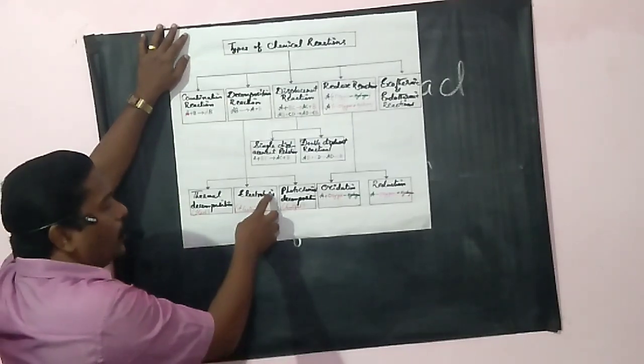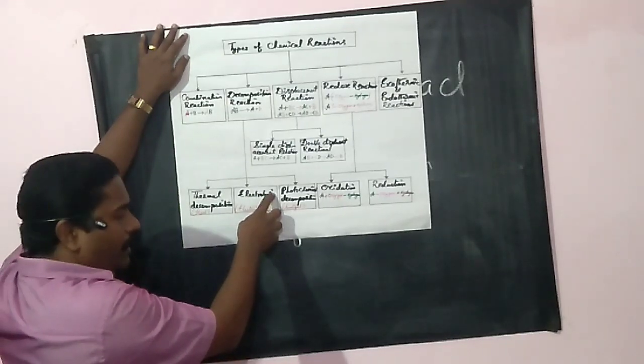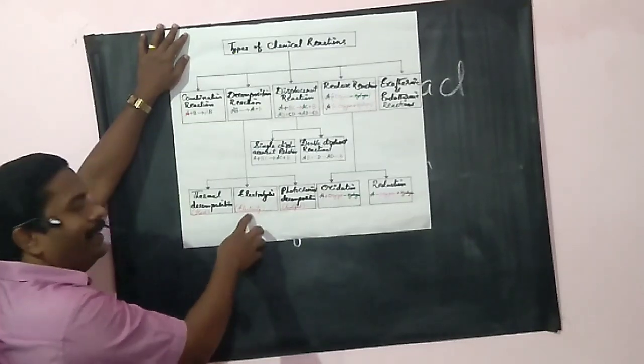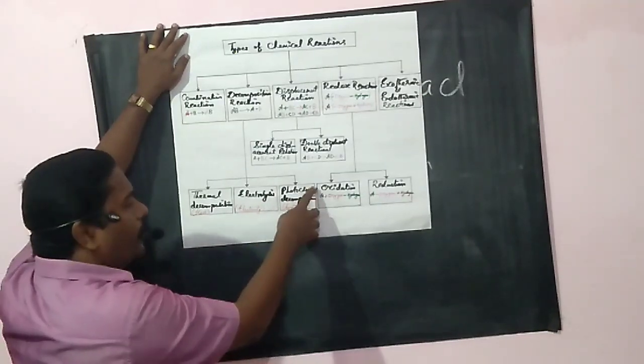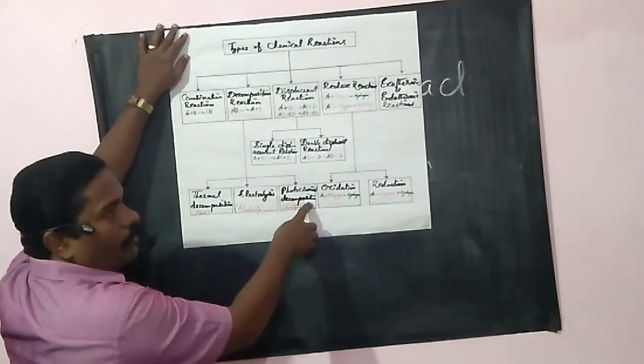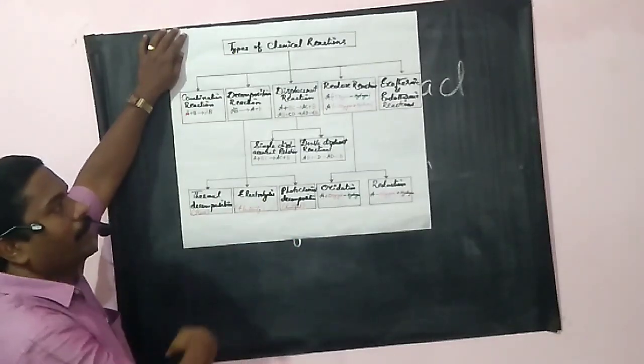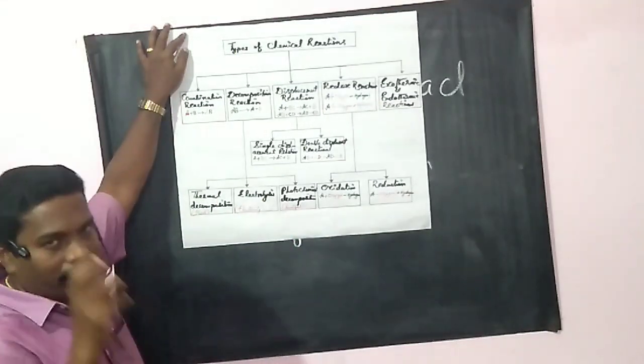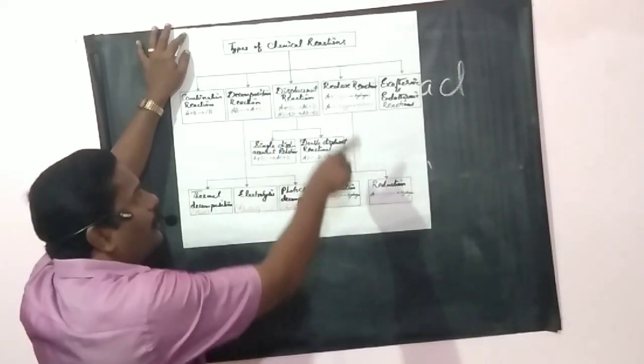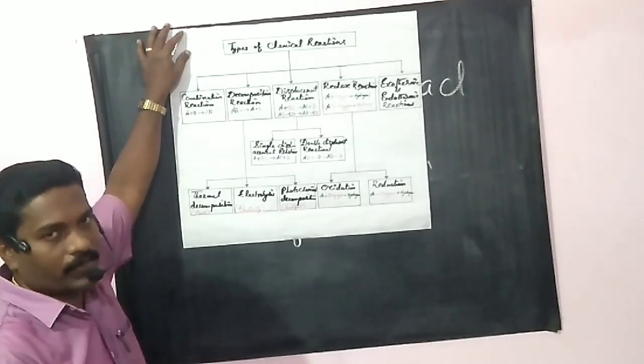Second one, electrolysis, decomposition reaction takes place in the presence of electricity. And finally, photochemical decomposition. Okay, so just make a chart like this to study easily the types of chemical reactions.